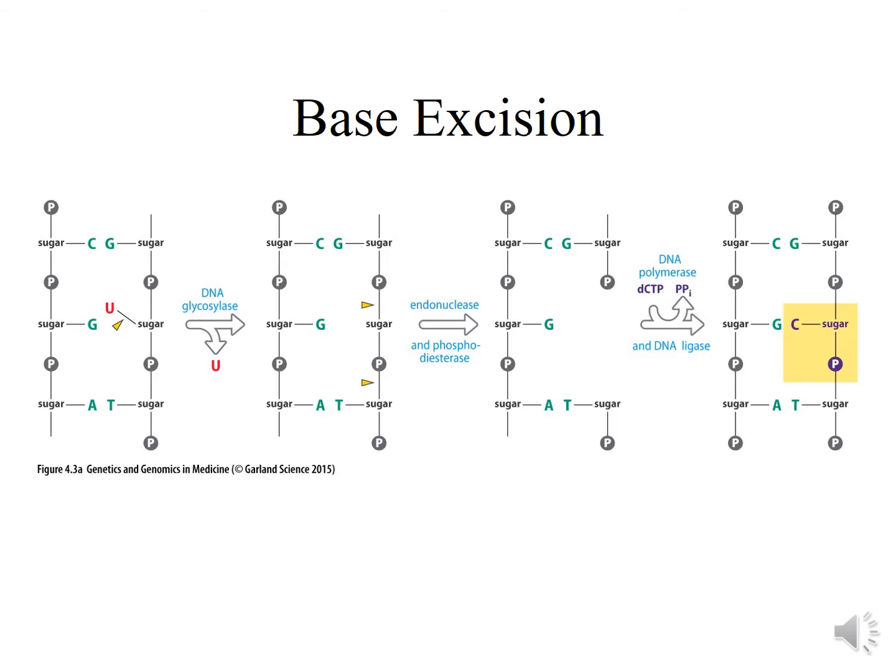Essentially, the goal is to replace the modified base by the correct one using a specific DNA glycosylase that will actually remove the incorrect or the modified base. For all abasic sites, the residual sugar phosphate residue is then removed by a dedicated endonuclease and phosphodiesterase.